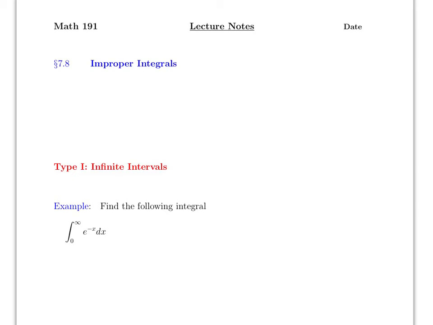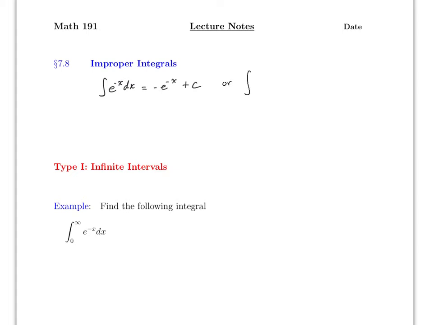For example, if I ask you to do this, which is one of the integrals I call the basic integrals, the integral for this, if you use substitution, is minus e to the minus x plus c, and that's it. Or you can do a definite integral.